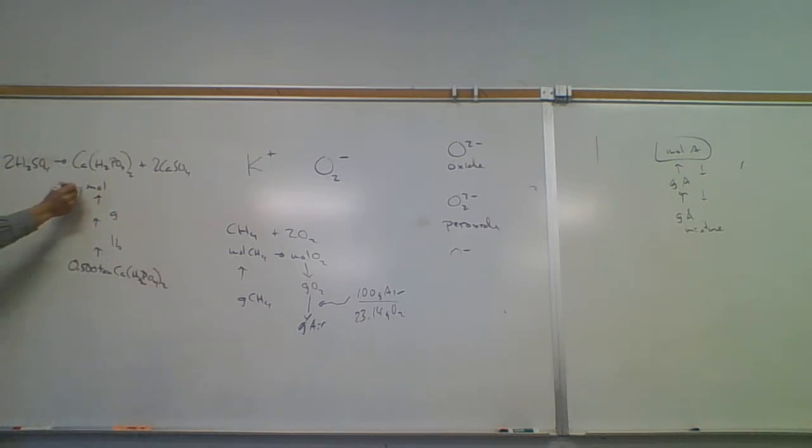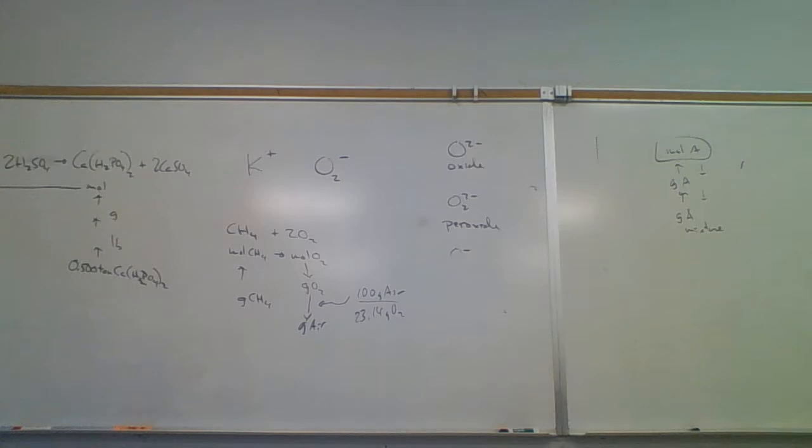From moles of calcium dihydrogen phosphate, we'll go to moles of calcium phosphate over here. And then from moles of calcium phosphate, we'll go to grams of calcium phosphate. Okay, and so these are just standard stoichiometry.